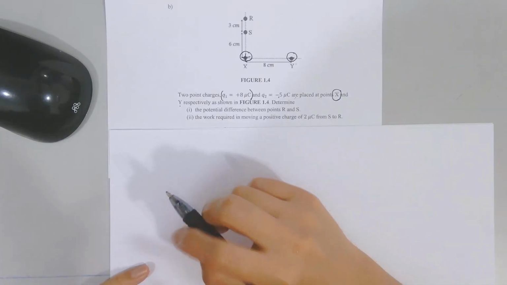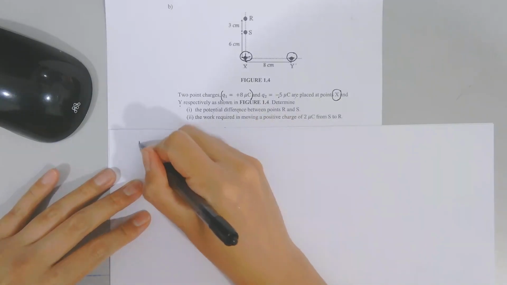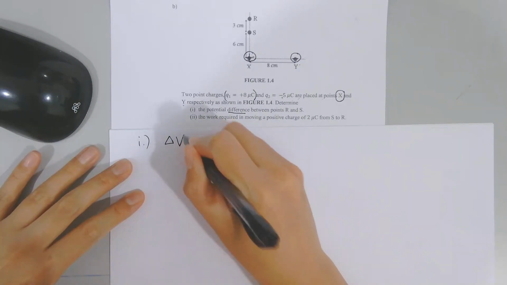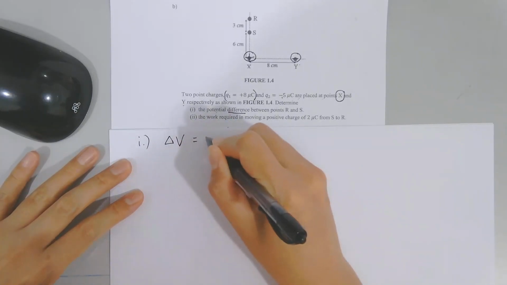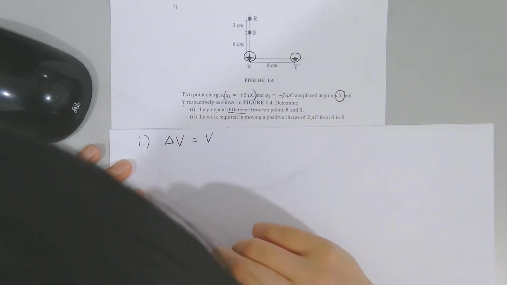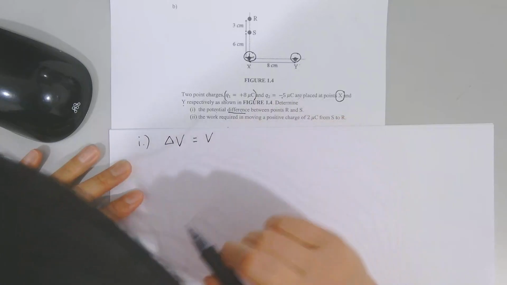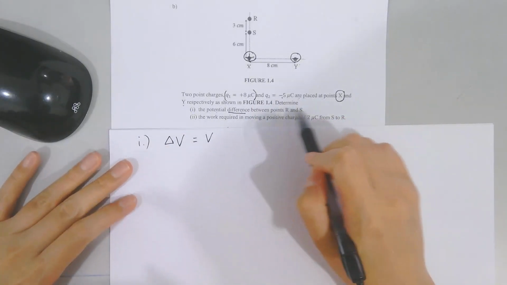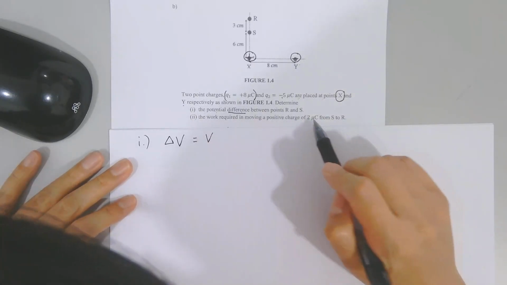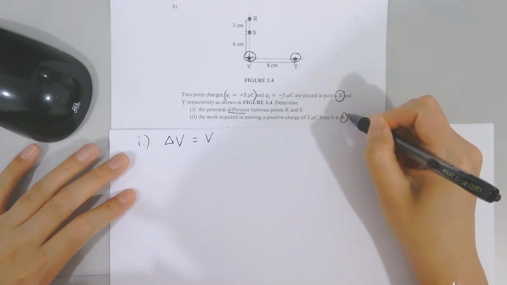What they ask us to find is potential difference, means, okay, if I see this keyword, sure we have the symbol for delta. Here they have not yet specified which one they want, but if I look further on Roman 2, they will try to move a charge from S to R, means R as the final point, right?